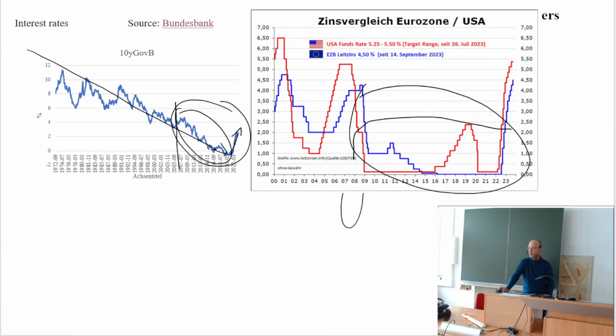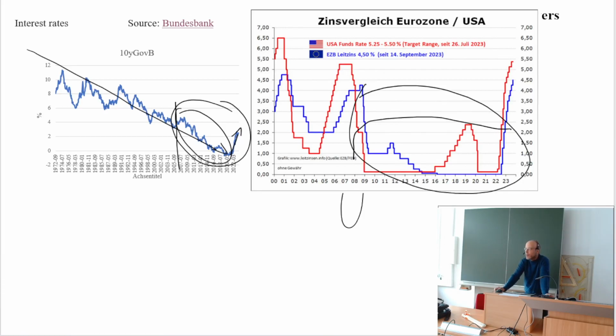Then you would see that the interest rates of Germany would have been almost always below the key interest rates of the European Central Bank. And for this you could interpret that maybe the interest rates of the ECB were even too high for Germany.